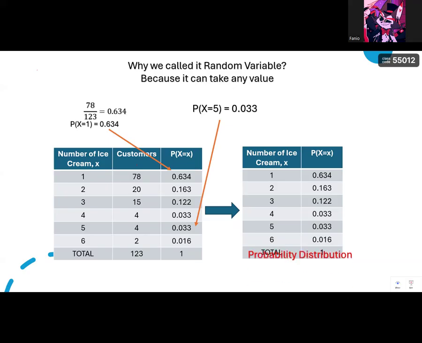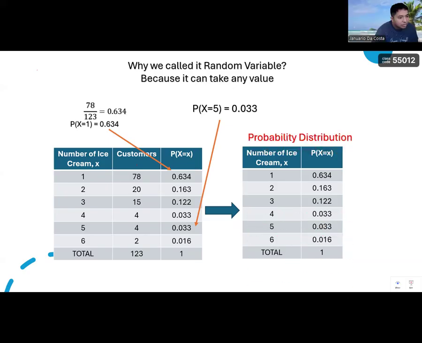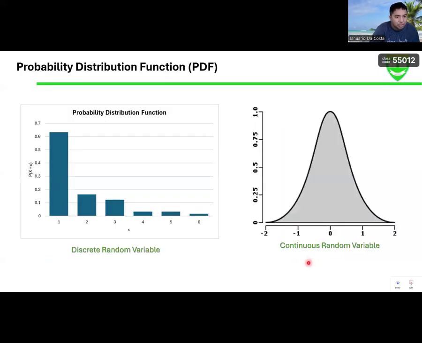So this is what you call a probability distribution. In a probability distribution, your x-axis is the random variable, and your y-axis is your probability. For a discrete probability distribution, you will see boxes like this. We call it the probability distribution function, or PDF, for a discrete random variable, which is what we are only going to talk about in this chapter.